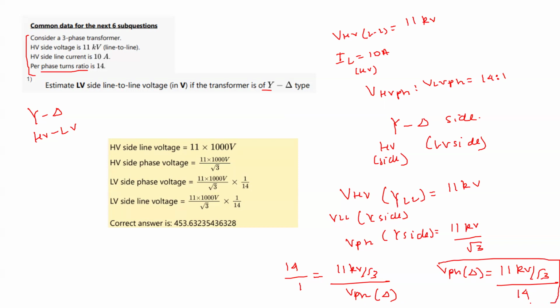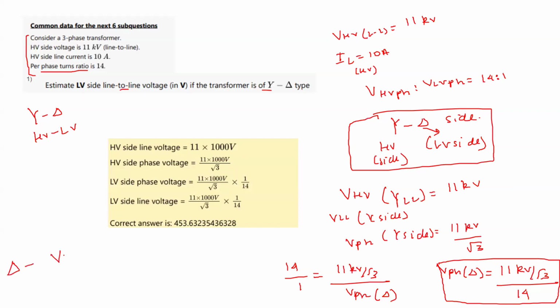The delta side is the LV side, and they are asking for the line to line voltage on the LV side. We have the phase voltage on the delta side, and for a delta connection, line to line voltage is equal to phase voltage. So V line to line equals V phase delta, which is 11 kV by root 3 by 14. Is there any doubt in this question?